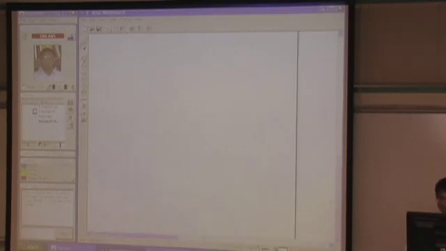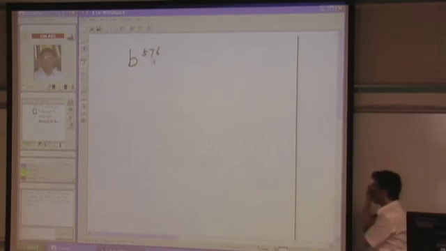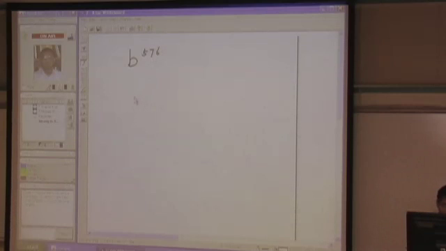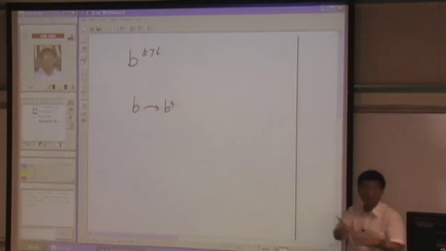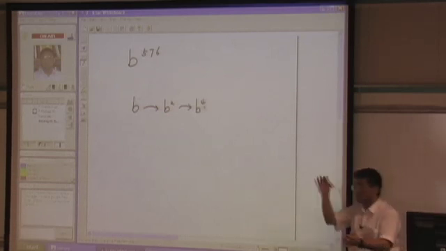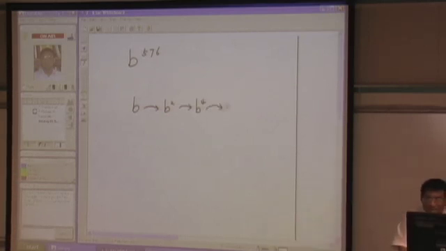So binary exponentiation focuses on power of 2. So assume that you are asked to find the power like 576. Then instead of worrying about the whole power, you just find b, and then b squared, and then b squared squared. That is b to the 4th power, right? And then b to the 4th power squared, that is b to the 8th power.